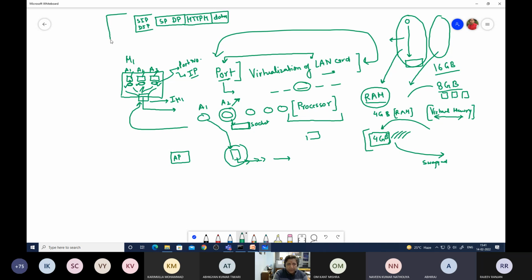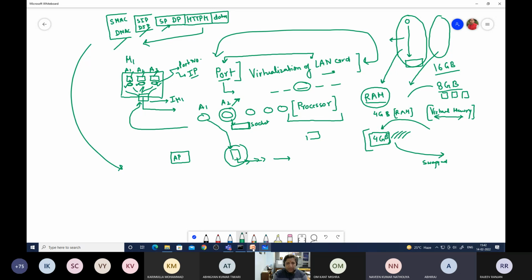Finally, it will be encapsulated by the Ethernet header, with source MAC and destination MAC. This is how the whole encapsulation takes place when you transfer data from the application out. When this data reaches the destination, headers are removed one by one and the application gets the data.